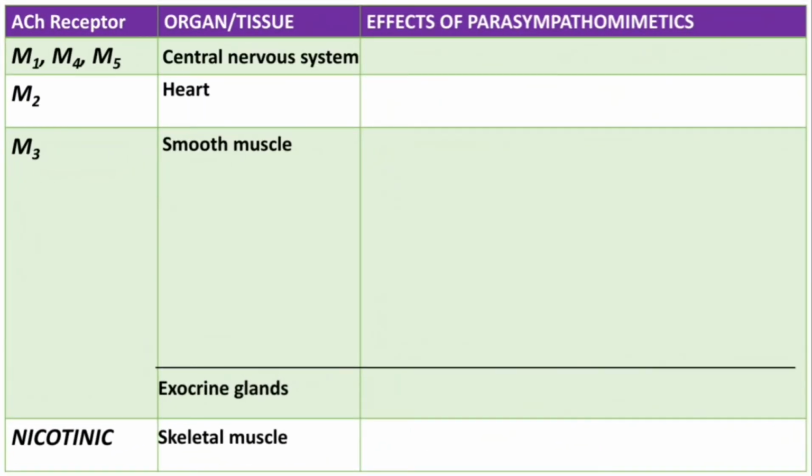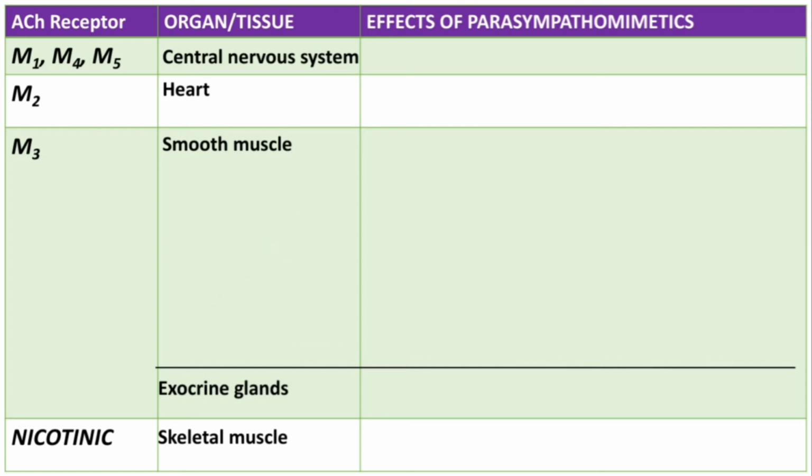All right, let me give you just an overview. I told you that M1, M4, and M5 are mainly found in the central nervous system. M2 is found in the heart. M3 is in smooth muscles and exocrine glands. And for nicotinic receptors, here I just want to talk about those found on skeletal muscles.